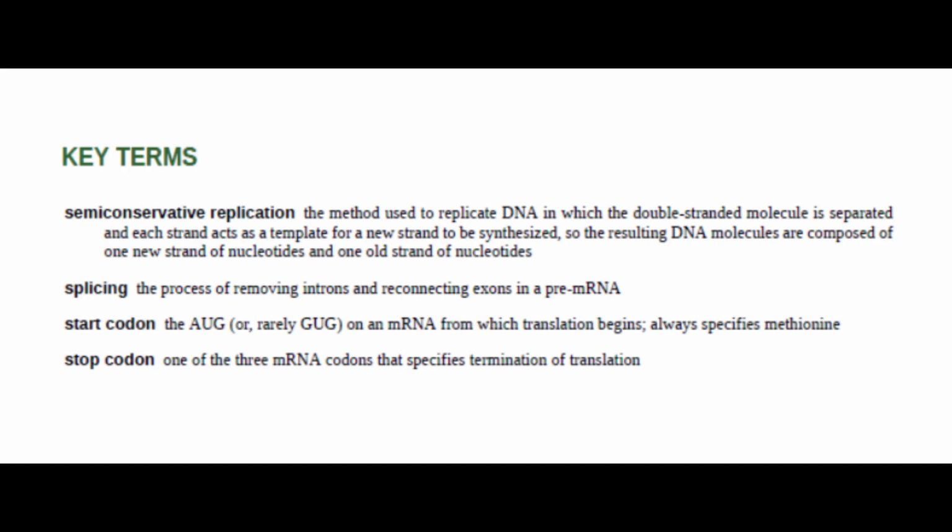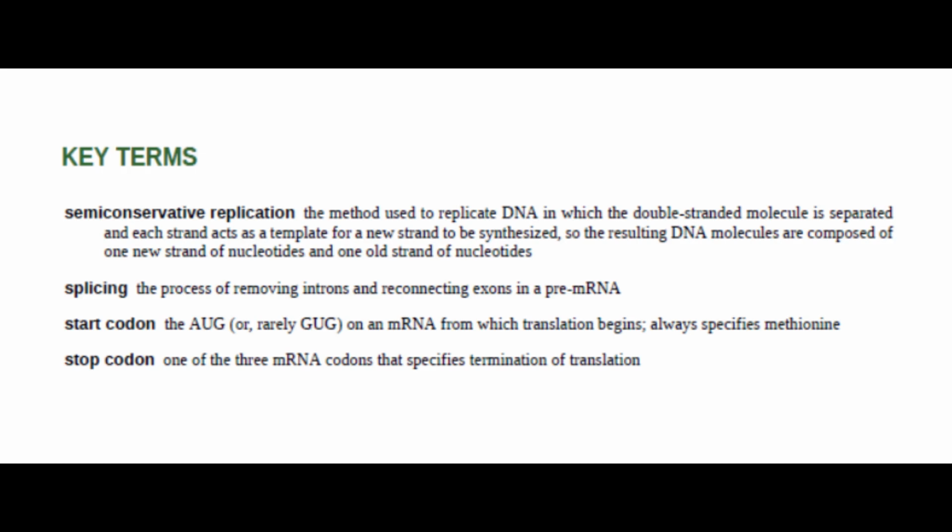Splicing, the process of removing introns and reconnecting exons in a pre-messenger RNA. Start codon, the AUG or rarely GUG on an mRNA from which translation begins, always specifies methionine.